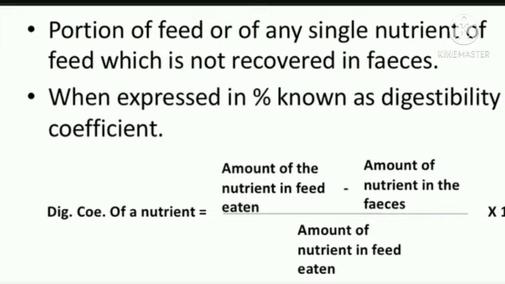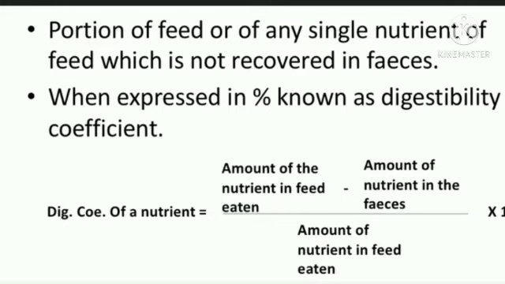Basically, we calculate the digestibility of any nutrient. Like if I have fed 5 gram of protein to the animal, and 2 gram is recovered in the feces, so 3 gram is the digestible portion of that protein.